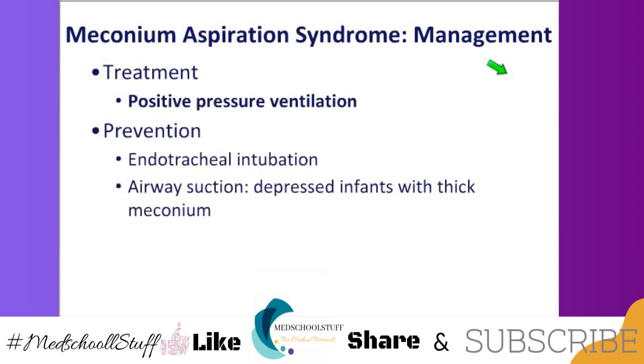That causes more hypoxemia, more vasoconstriction, more pulmonary vascular resistance, and more shunting. We call that pulmonary hypertension of the newborn, which we used to call persistent fetal circulation. Meconium aspiration can lead to that.